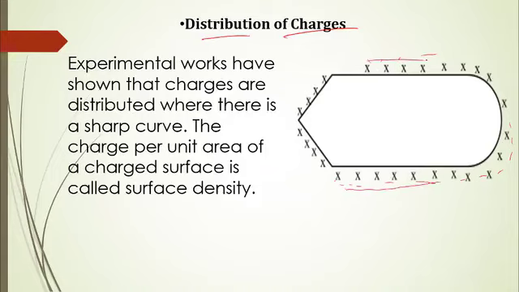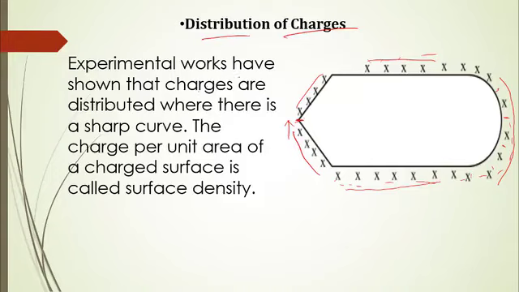On top here, it seems like they are close as well. But watch here, at this part where there is a curve, a parabolic curve, you notice that the distance actually increases. The X's increase in distance from each other. Now look at this point where it is tipped, where it is pointed. You notice that the X's are tight, they are very close to each other. And that is how distribution of charges is.